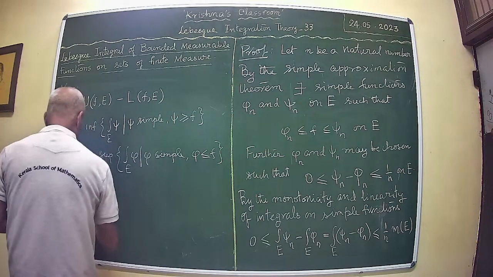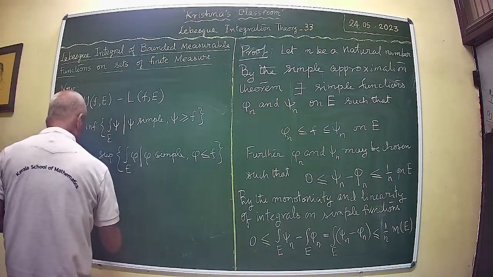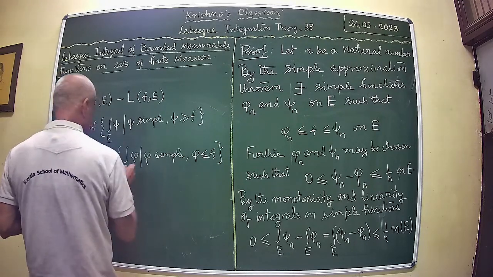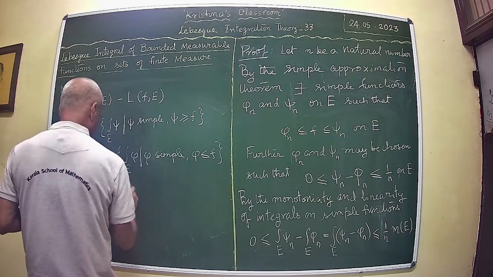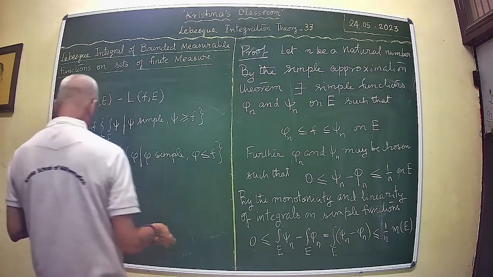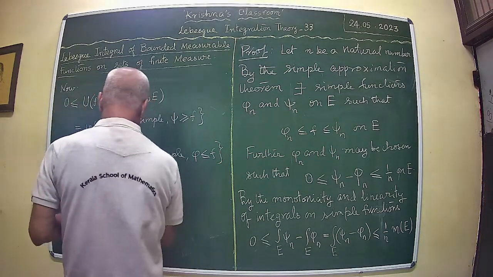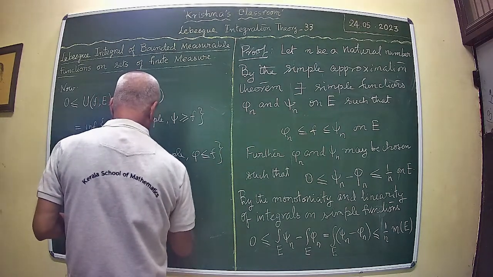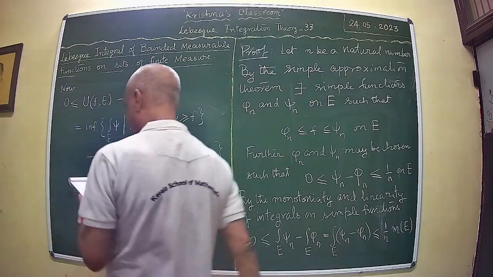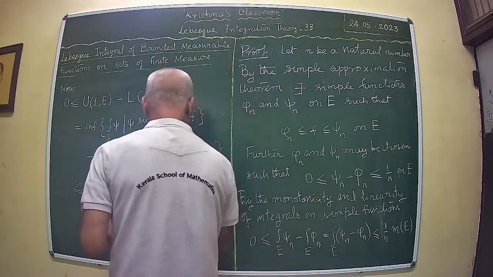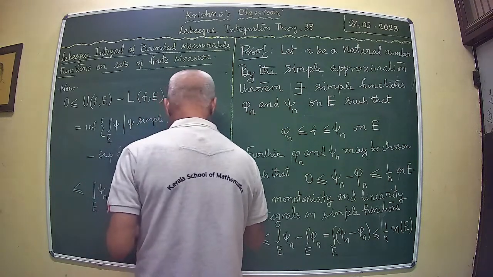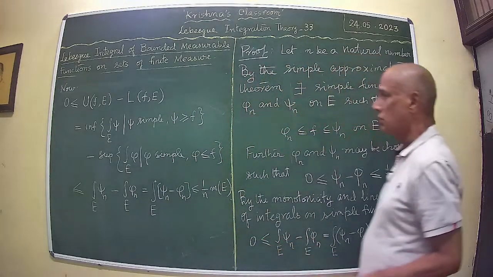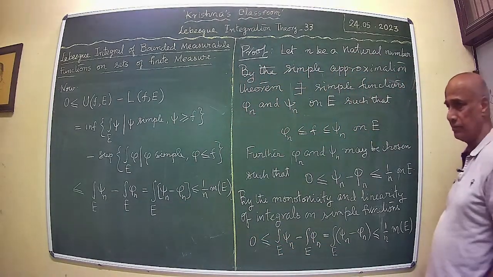Therefore, the integral of psi n minus the integral over E of phi n is equal to the integral over E of psi n minus phi n, which we have evaluated, and this is less than or equal to 1 by n measure of E.